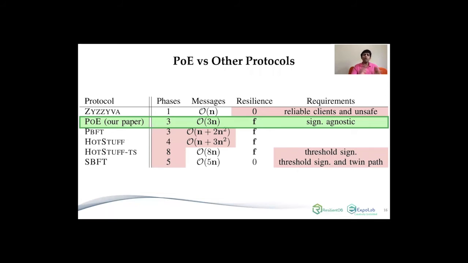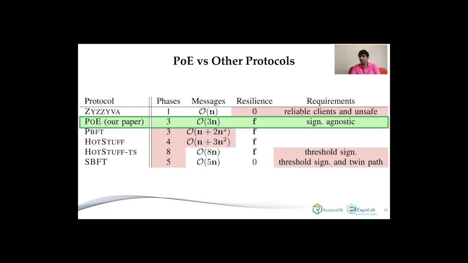So we thought of doing a simple theoretical comparison of what PoE does in comparison to other protocols. And this is how it works. As you can see, PoE requires the least number of phases compared to all other protocols, and it has a very low message complexity. It provides as high a resilience to the number of failures as other protocols.